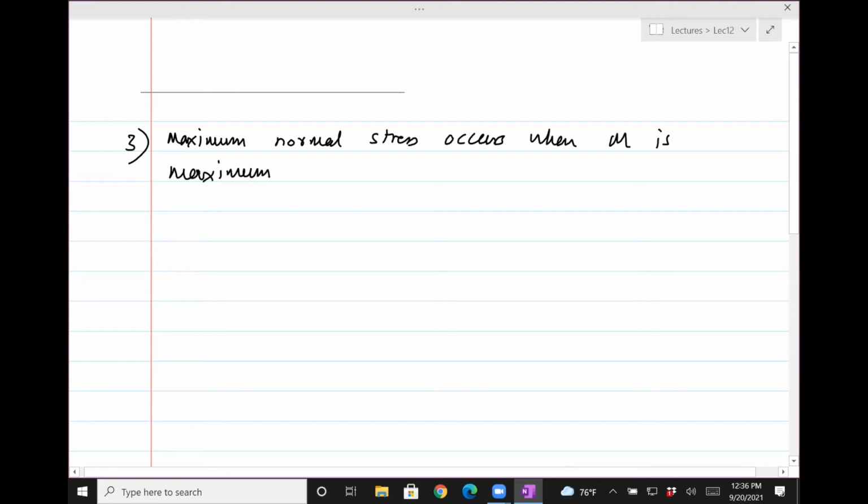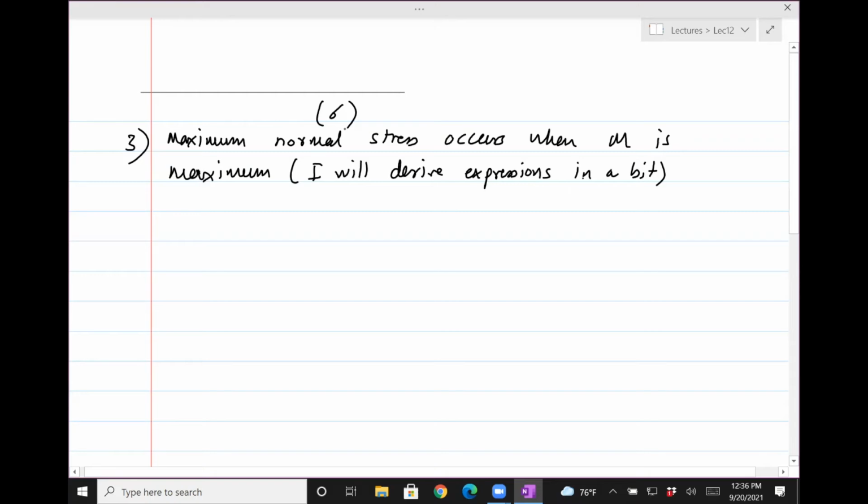Where did this statement come from? I will derive expressions in a bit, but just for now, believe me that the maximum normal stress occurs when M is maximum.